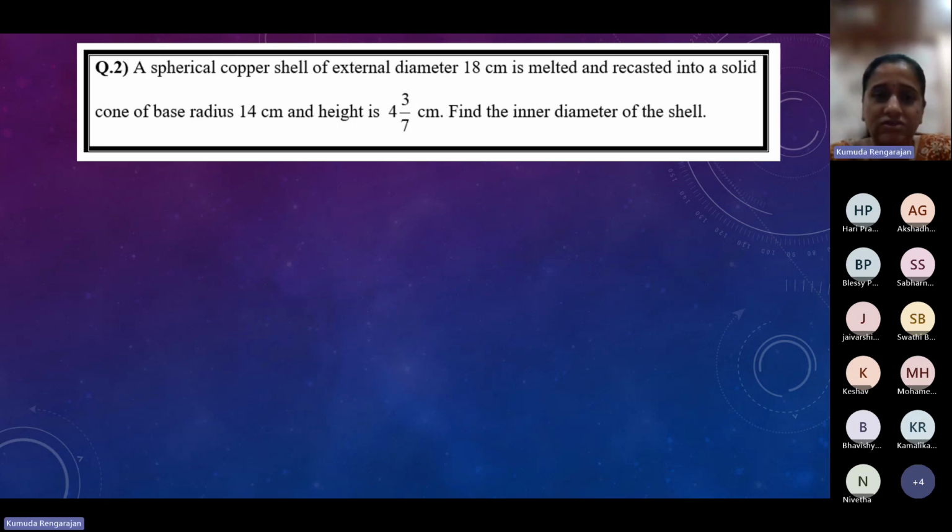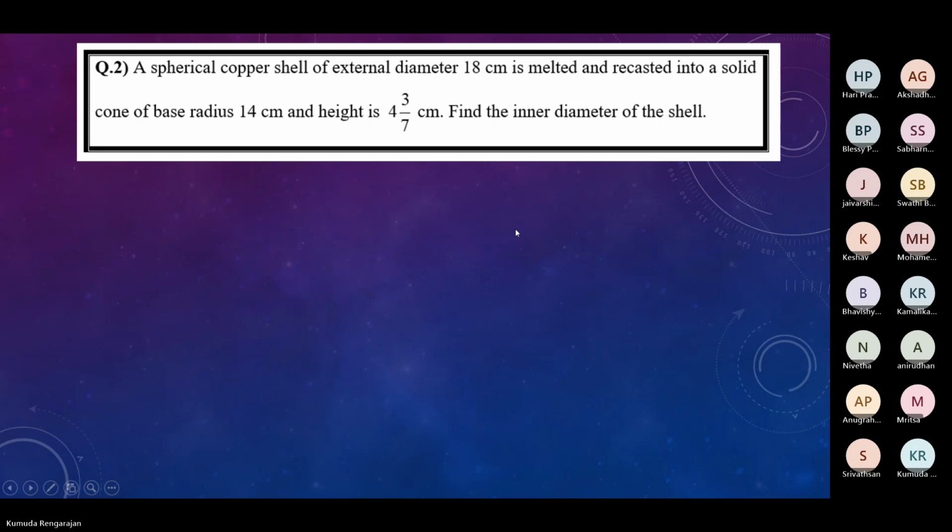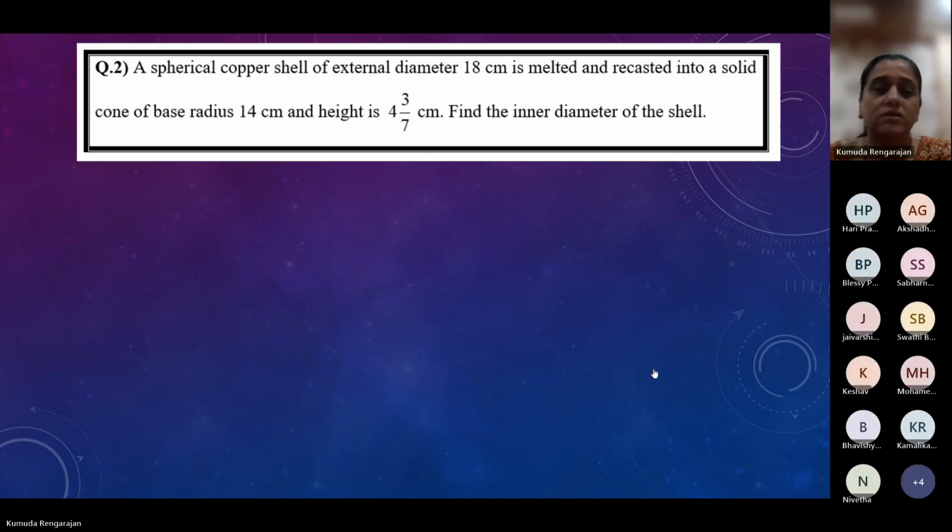So in such a case, the volume of the spherical copper shell will be, sorry children. Yeah, in such cases, the volume of the solid will be external volume minus internal volume.